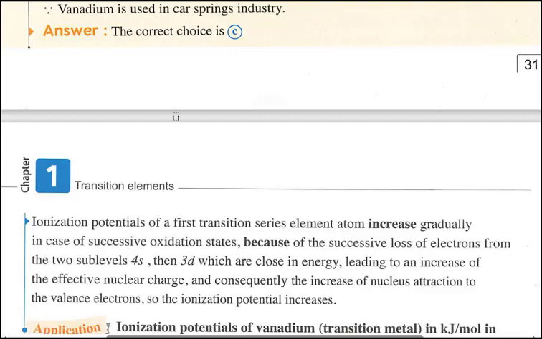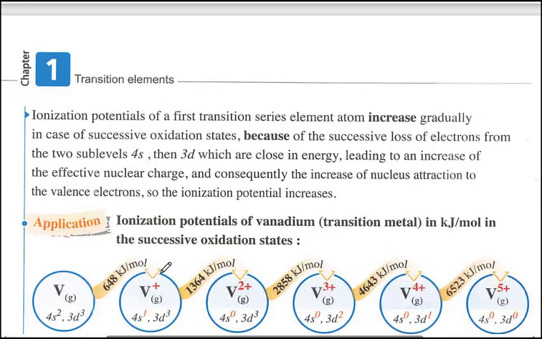Here we'll speak about the oxidation states of the transition elements. It increases gradually, so it will happen with no problem. Vanadium may have oxidation states +2, +3, +4, +5.